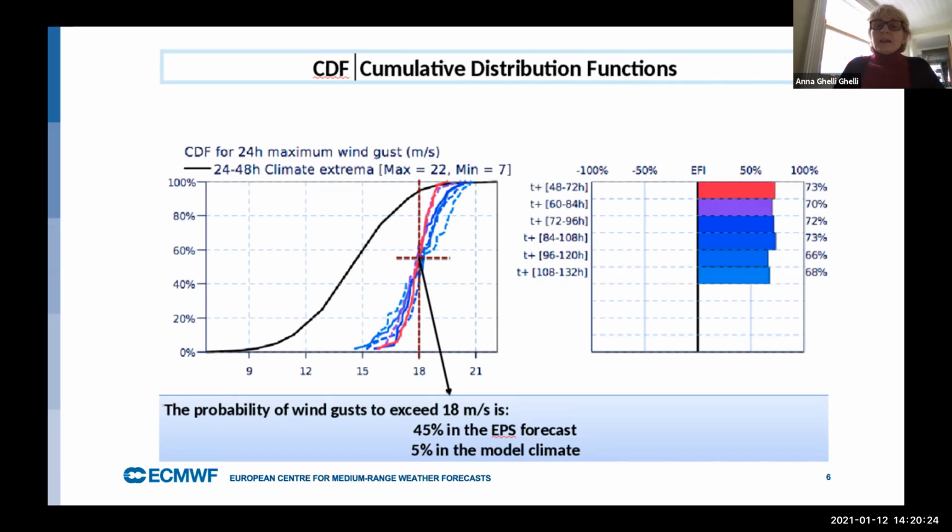You can see the same message on this side, because the value of the EFI is very similar. It's about 68 and it goes up to 73, or in terms of 0 to 1, about 0.6 to about 0.7. So it's very much in line.